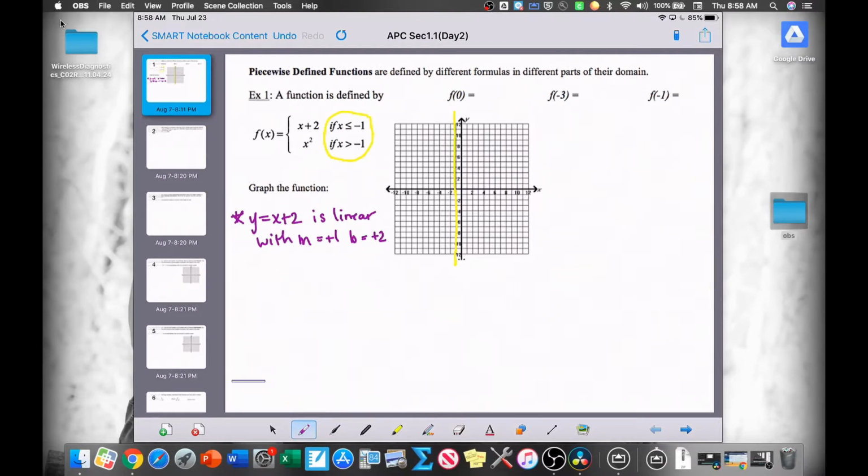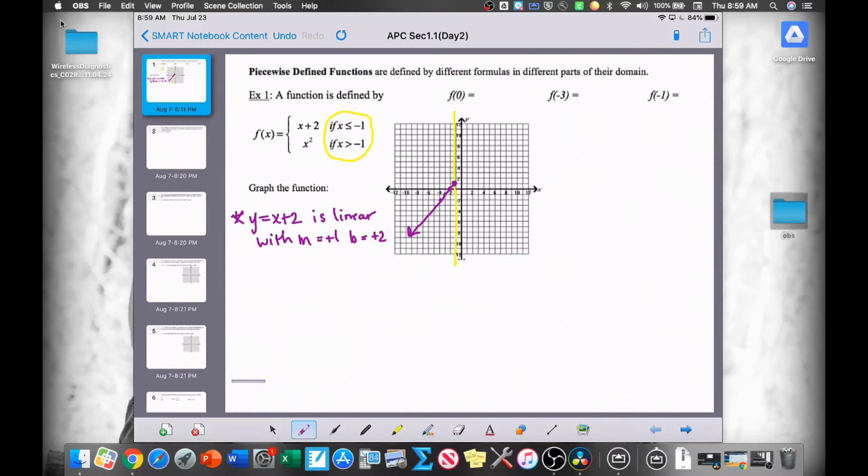Well, as soon as I go down 1, left 1, I end up right here at that point. And since I know that x plus 2 is where x is less than or equal to -1, it's going to be a closed circle on that line. And then I just keep going. Down 1, left 1, down 1, left 1, down 1, left 1, so on and so forth. So this is what our function looks like on the left side of -1.